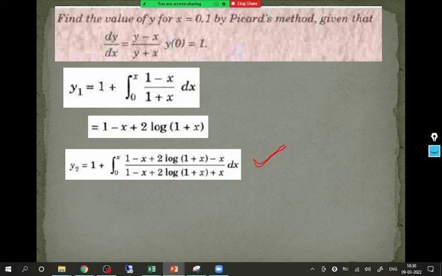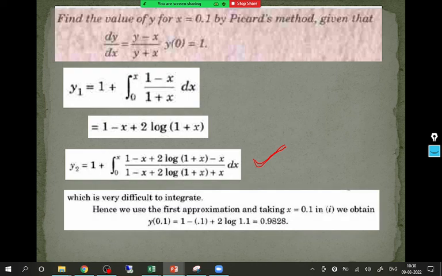It is very complex, so better we should stop the iteration. Hence, the approximate solution after the first iteration is y equal to 1 minus x plus 2 times log of 1 plus x, which is y1 only.